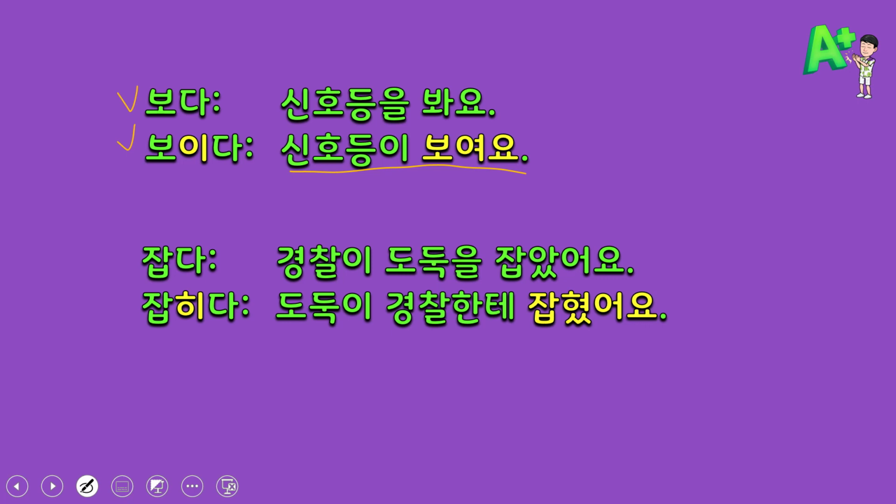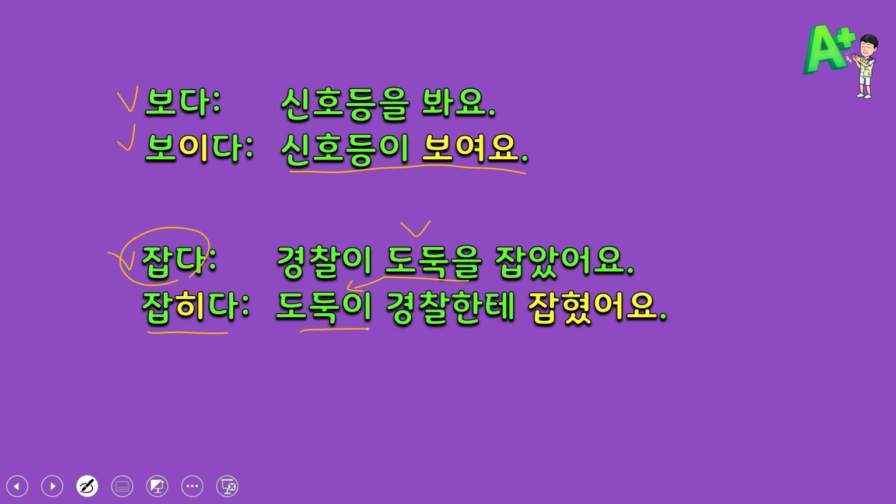Okay, moving on. 잡다, to catch. 경찰이 도둑을 잡았어요. The police caught a thief. So 잡다 is the active voice. The passive form of that verb 잡다 is 잡히다. 도둑, the object becomes the subject.